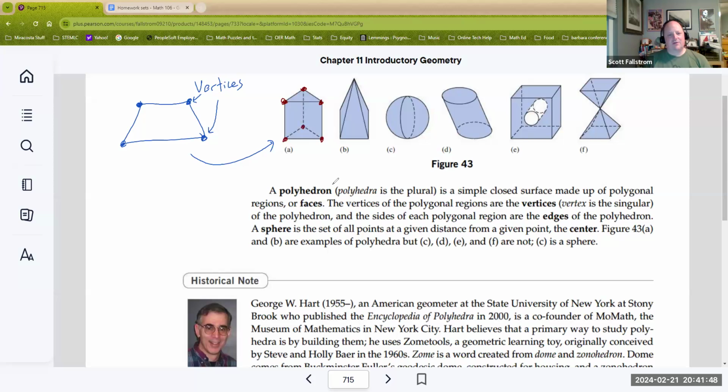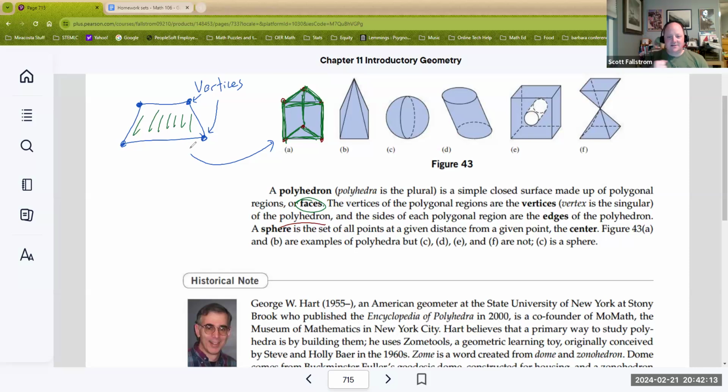So we will have all of these as the vertices of the polyhedra. And then we have these things, which are called edges. That's the line segments where two planes come together. And then we have faces. Faces are the polygons themselves.